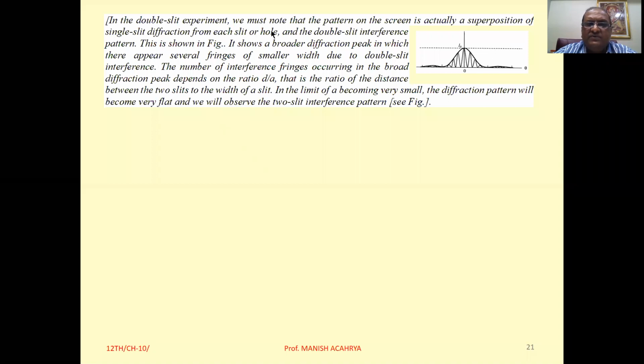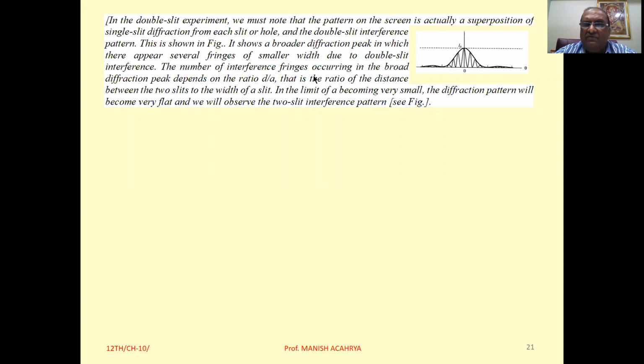In the double slit experiment, we must note that the pattern on the screen is actually a superposition of single slit diffraction from each slit or hole and the double slit interference pattern. This is shown in figure. It shows a broader diffraction peak in which there appear several fringes of smaller width due to double slit interference.